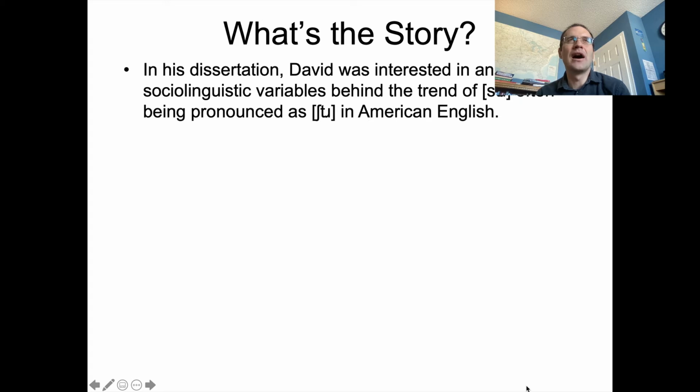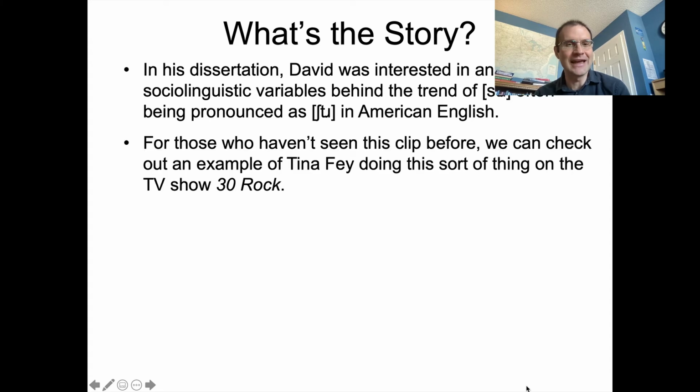This is a tendency I noticed before I left the U.S. in 2007, and I think this trend was first brought to my attention about 20 years ago, about 2001. So he was getting some data on this as it was first starting to take off. It's still a variable process, but sometimes when people say "str" in American English, and sometimes in Canadian English now too, they will say "shtr" instead.